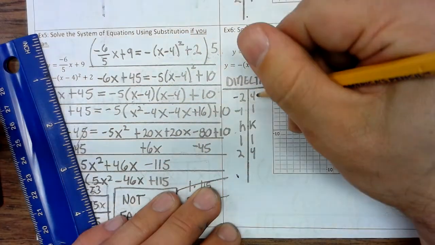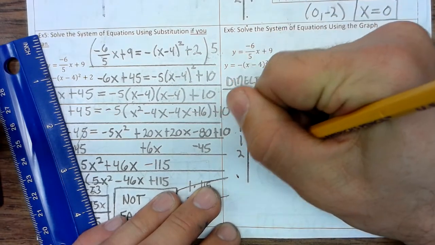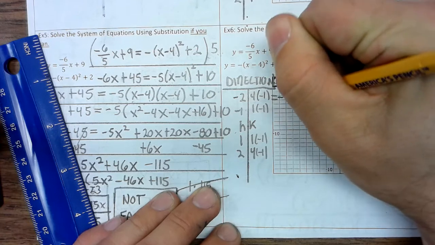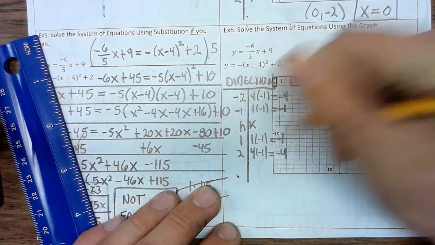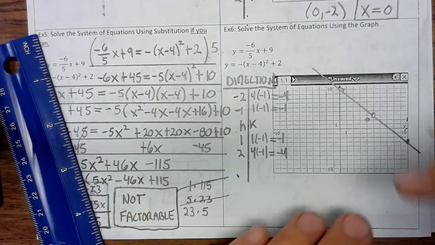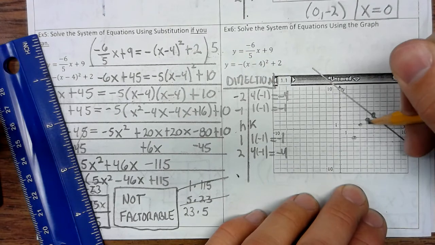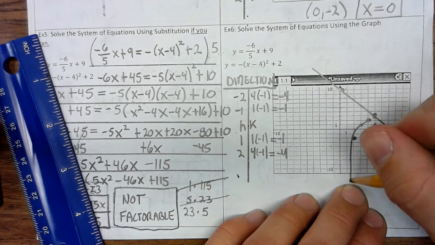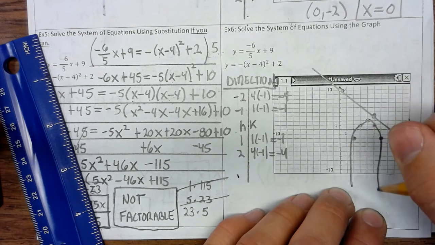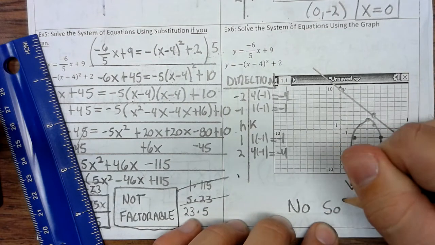We multiply by negative 1. So that's negative 4, negative 1, negative 1, negative 4. So we go left 2, down 4, left 1, down 1, right 1, down 1, right 2, down 4. And we see it's close, but they do not intersect, so we know this is no solution.